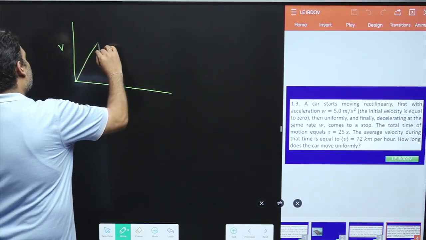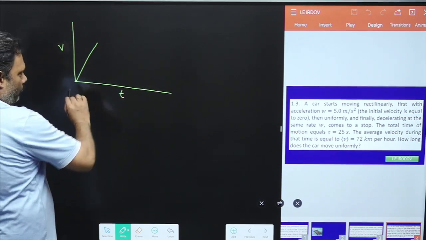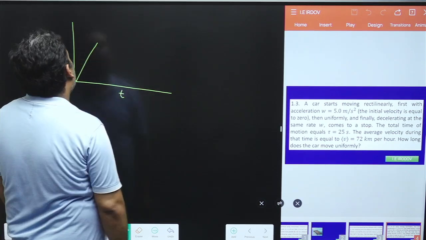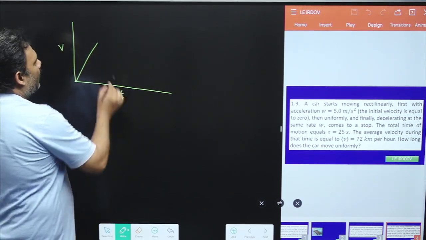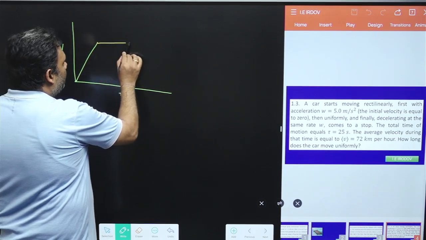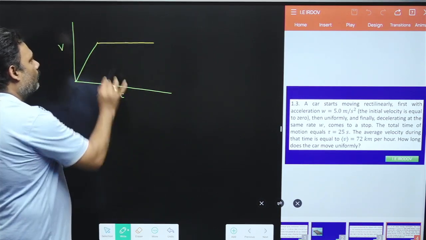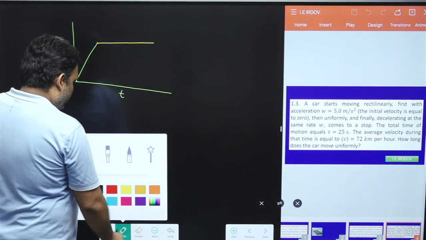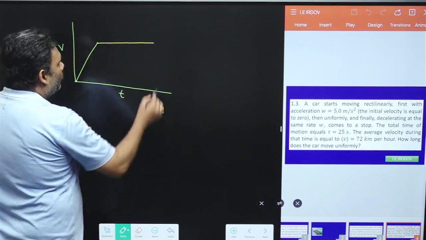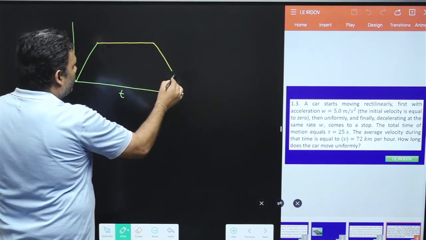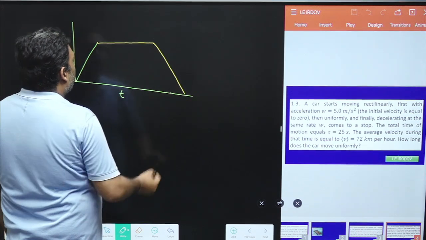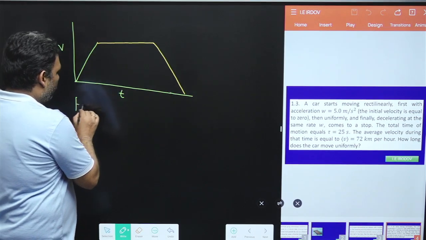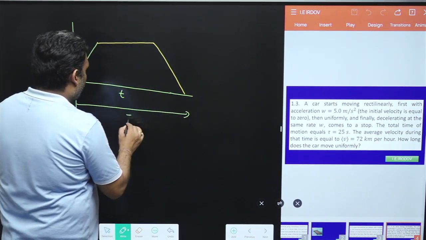This is my uniform acceleration, so obviously the slope is constant and the velocity is going to increase. After that it moves with constant velocity, that is, moving uniformly, and then it is just going to decelerate. The total time from here to here is given as tau.